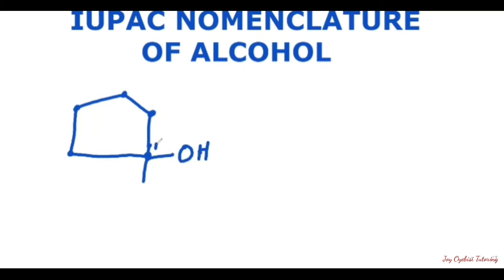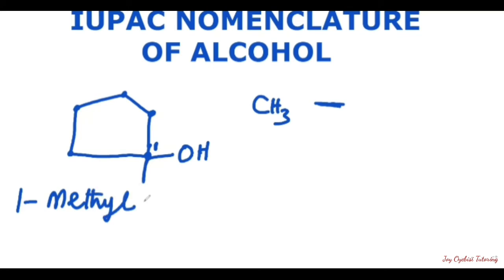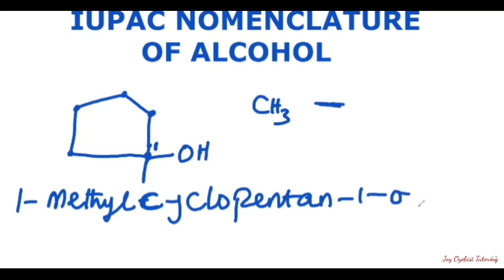So this will be a 1. Now we have an attached group. This is CH3, okay? In a line diagram it is represented as a stroke. So it means you have 1 methyl cyclopentan-1-ol. Okay, so this is how you name this compound.